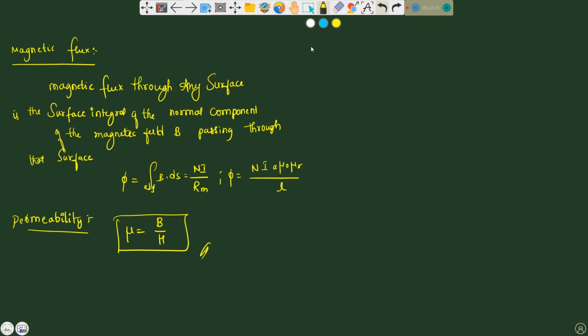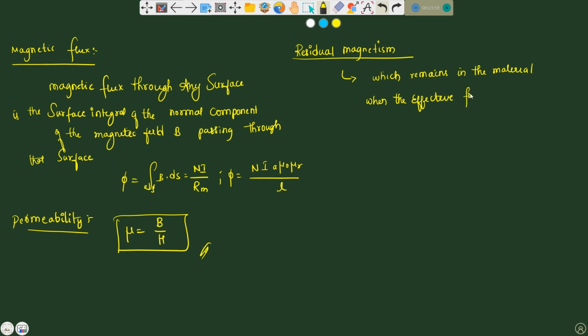Okay, so then we have residual magnetism. You might be studying this in machines. What is this residual magnetism? It is the magnetism which remains in the material when the effective force has been reduced to 0.